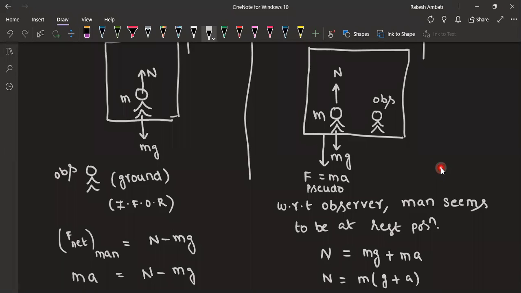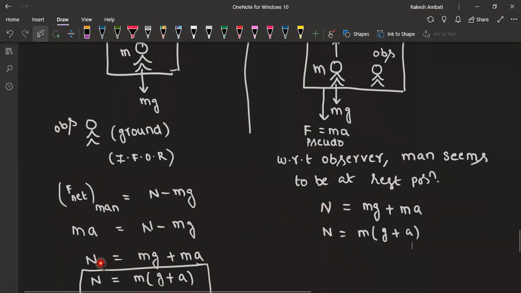The same result we got in the case of the inertial frame, correct?